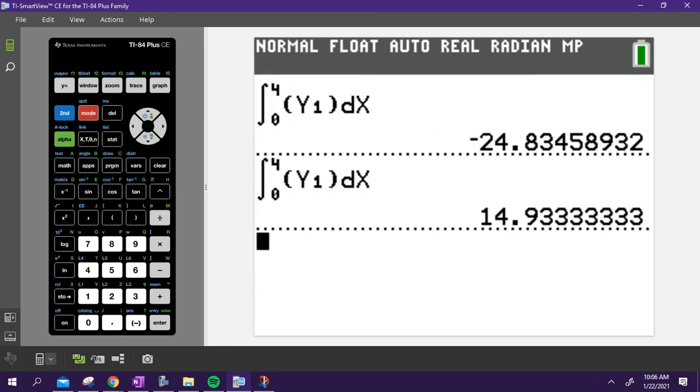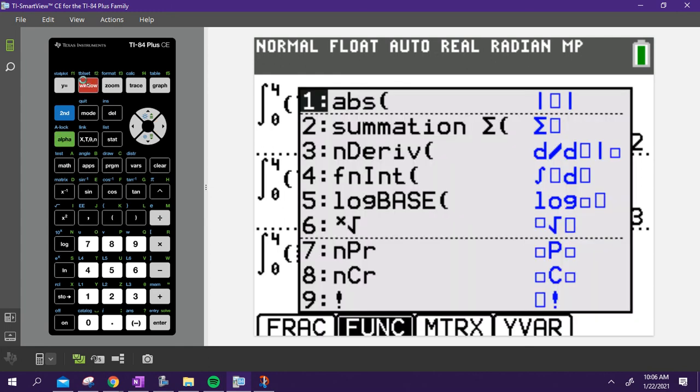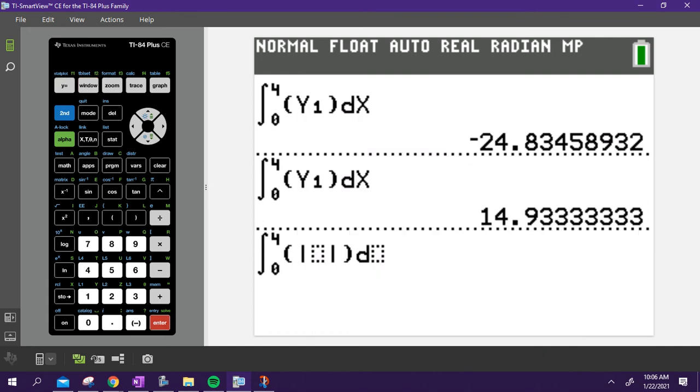So when I figure out the number here, I'm going to integrate math 9. I want to know total distance traveled. So I'm going from 0 to 4. And then we're going to use absolute value. So find the absolute value button in your calculator. There's a lot of different ways to do it. The way I do it is alpha F2, this button right here, it's ABS. That's the one I'm selecting.